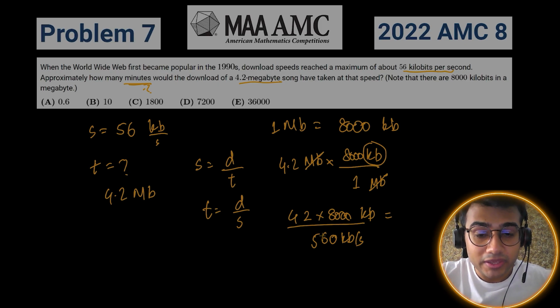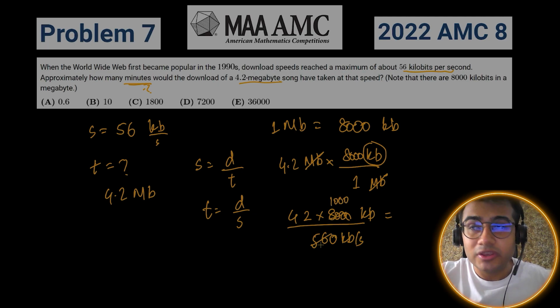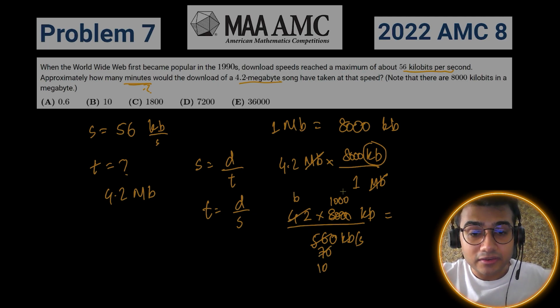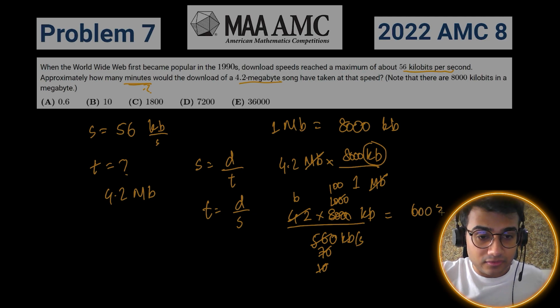So let's see, we have 8 times 1,000 and 8 times 7 is 56, so 8 times 70 would be 560, and then we can cancel 42 and 70 as well, so 7 times 10 and 7 times 6, and then 10 and 1,000 can cancel as well, so 10 times 1 and 10 times 100. So what do we get? We get 600 seconds as the answer, but they want the answer in minutes.